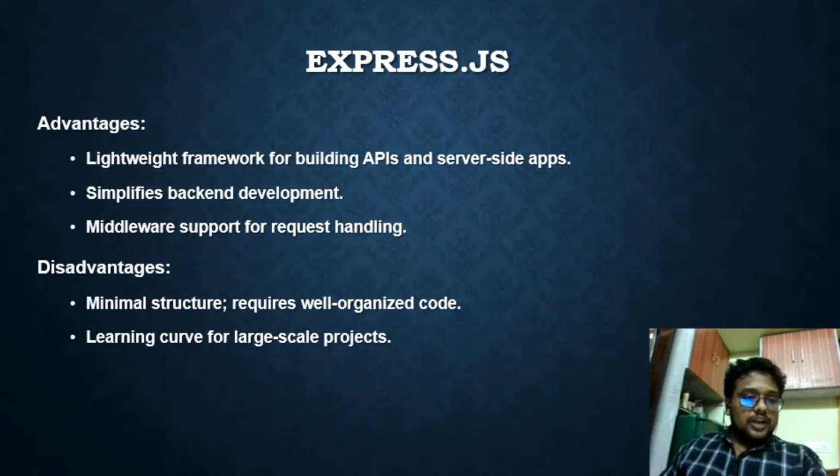Coming to its advantages, Express.js simplifies backend development and makes managing server-side tasks easier. Coming to its disadvantages, it does not have a strict structure. So for bigger projects, you need to plan and organize your code properly to keep things manageable.